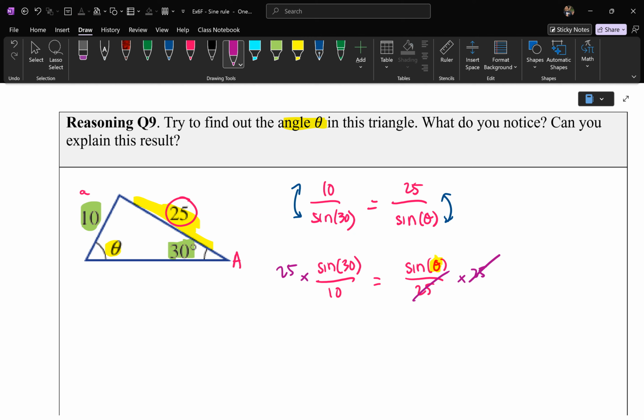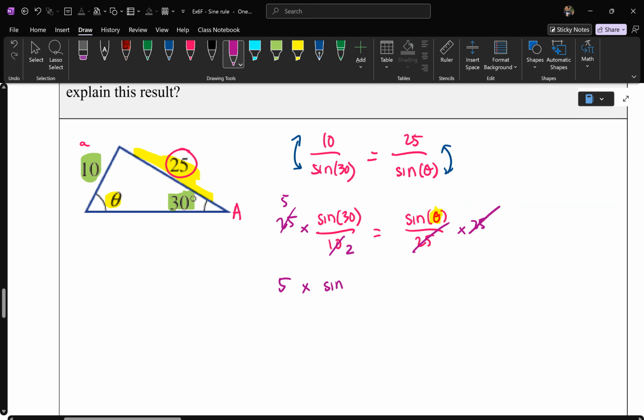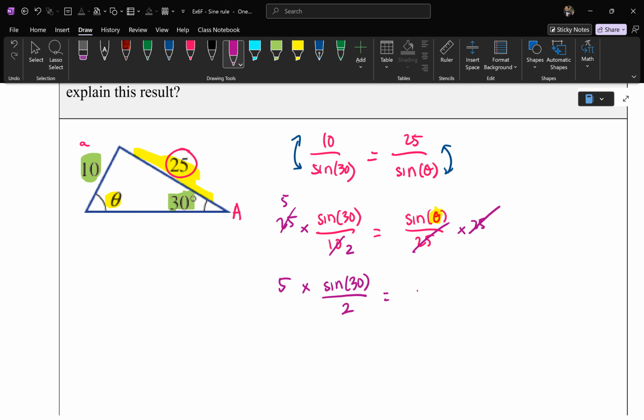This cancels out. And I can simplify the 25 and the 10. 5 goes into 25 5 times. 5 goes into 10 2 times. So this gives me 5 times sine of 30 over 2 is equal to sine of theta. So far so good? Another way of thinking about this is that I don't have to do 5 times sine 30 and then divide by 2.